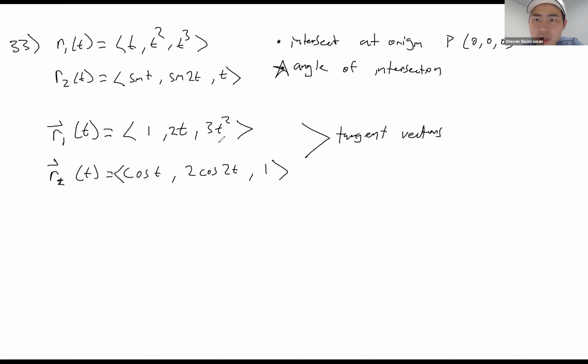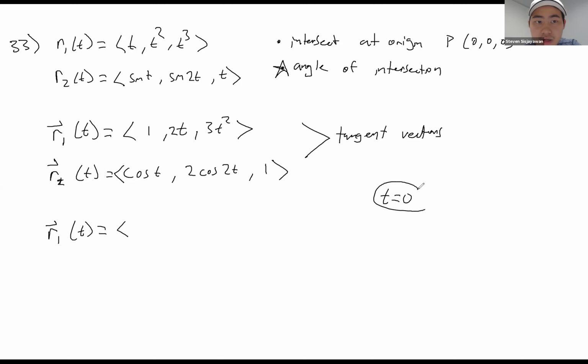We can find the tangent vectors at this specific point. We know that these two curves intersect at 0, 0, 0, so we can find the tangent vector where time is equal to 0. At the point 0, 0, 0, R1 has to have a time of 0, because the x component is t and is equal to 0.